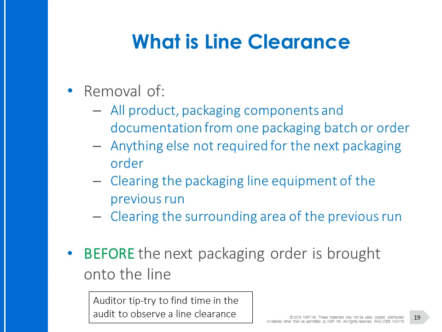And also, most importantly, clearing the surrounding area of the previous run before the next packaging order is brought onto the line. So you should never have two packaging orders online at any one time. You need to completely remove the old order before you bring the next packaging order onto the line.